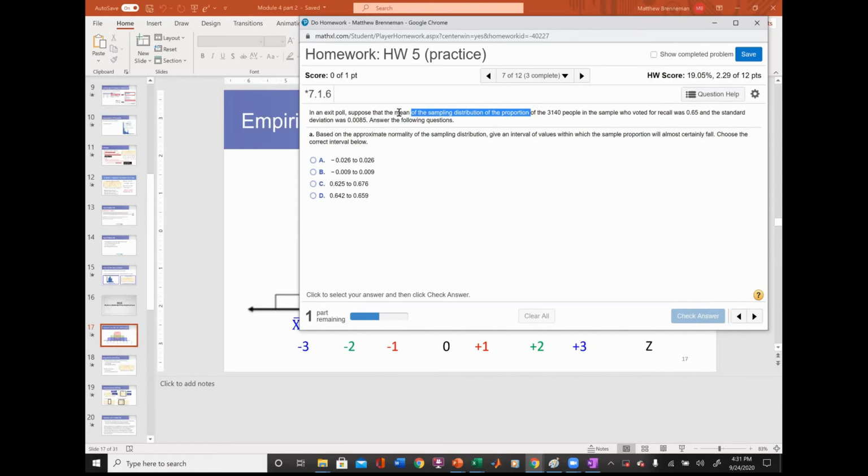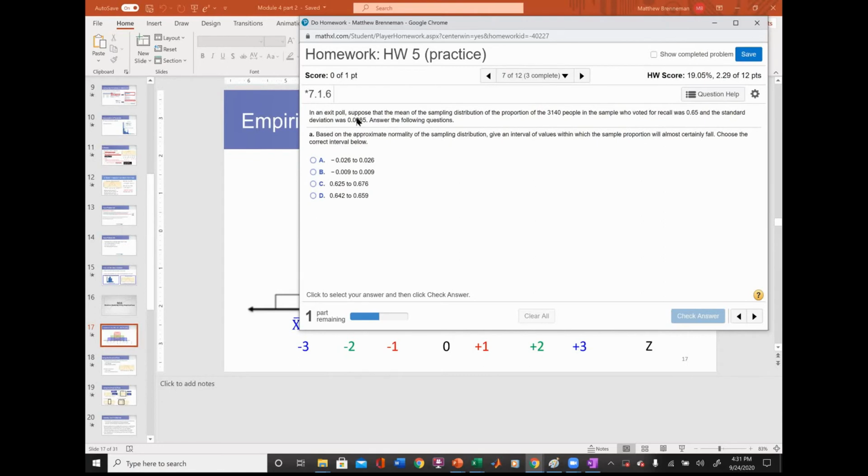And so I'm looking at the mean of the population of sample percentages. And in this case, it's of the 3,140 people. So my pi is 0.65, because the mean of the sampling distribution for the proportion is pi. That's what the central limit theorem tells us.